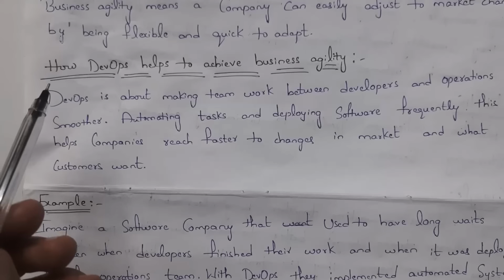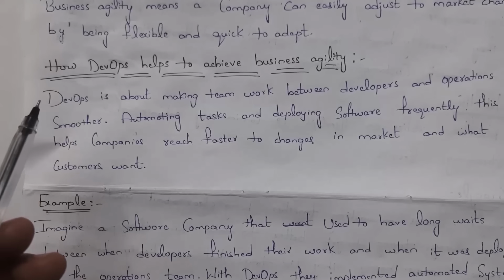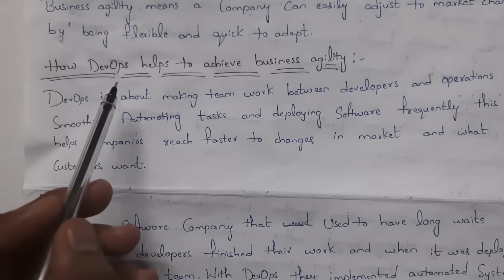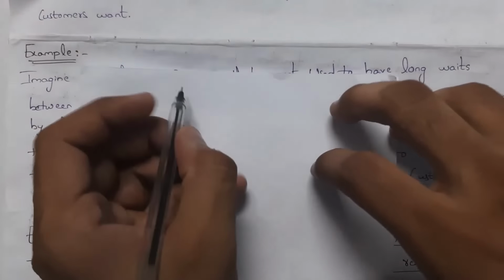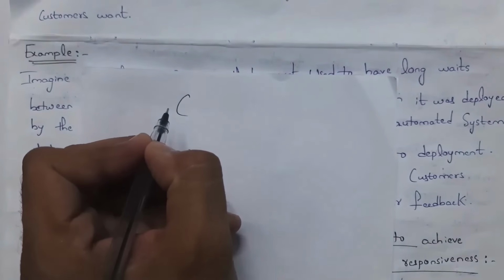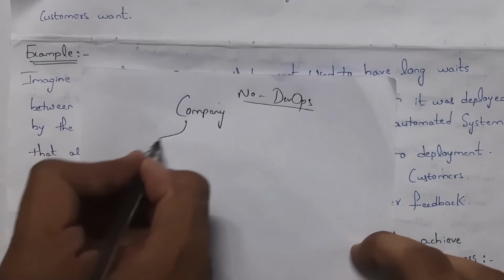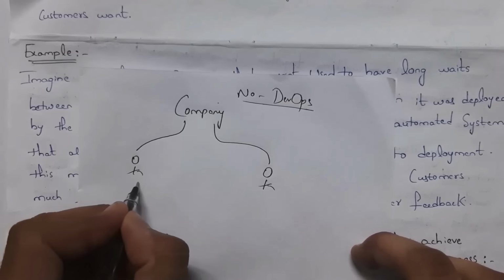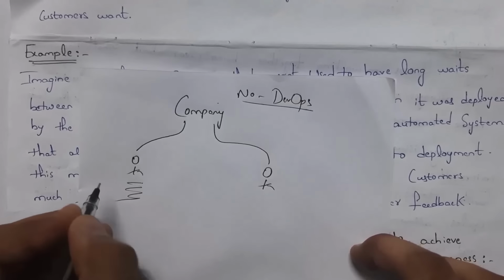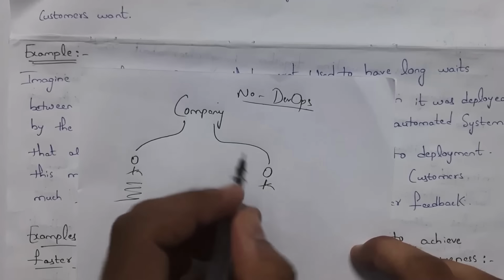So how DevOps helps to achieve business agility means by using various kinds of automation tools, DevOps helps to achieve business agility. Guys, I will give one simple example. For example, one company is not following DevOps. As we know, in company there will be development team and there will be operations team. Duty of development team is to write code, and duty of operations team is to place that code in server.